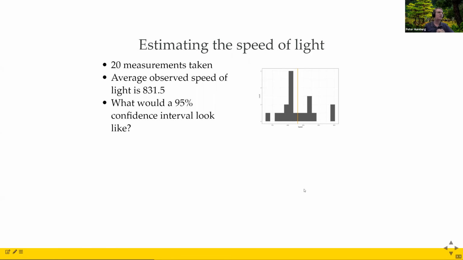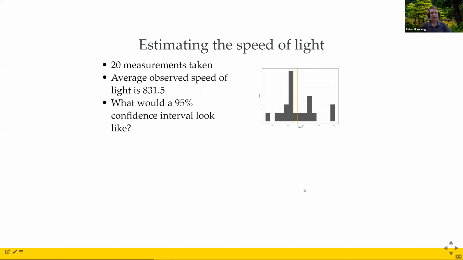The first thing we can do is use these measurements to get an estimate of the speed of light. If you take the mean of all the measurements, that's 831.5. So that's 299,831.5 kilometers per second.